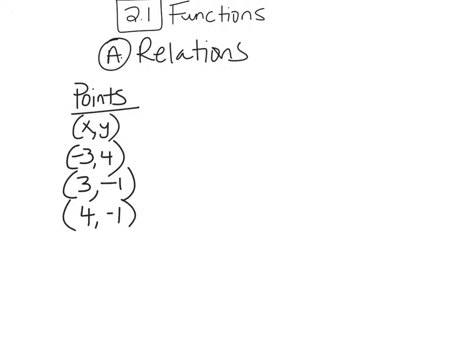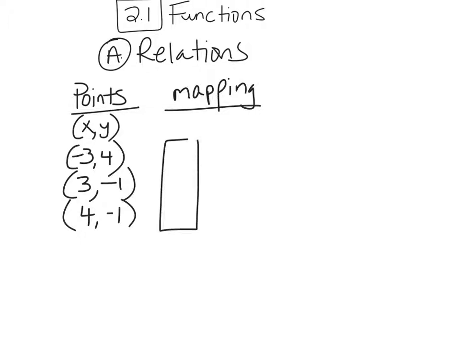Now, another way to show the relationship between X and Y is through a mapping diagram. This is probably the least used way to show a relation, but it's interesting. If you're a visual learner, you might like it. So, for example, your input values are going to be in this rectangle, and your output values are over here.